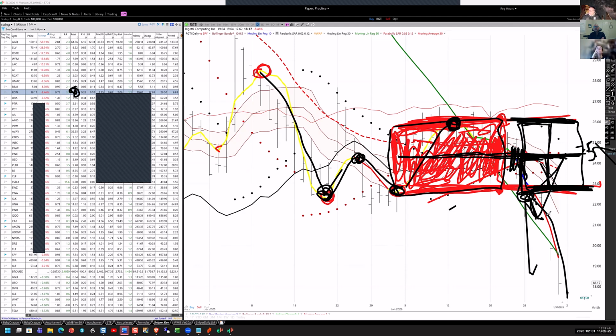Now, 2 days later, this thing broke below the doji here. There's a doji. It broke below, and that thing was a huge downside directional day that finished here.